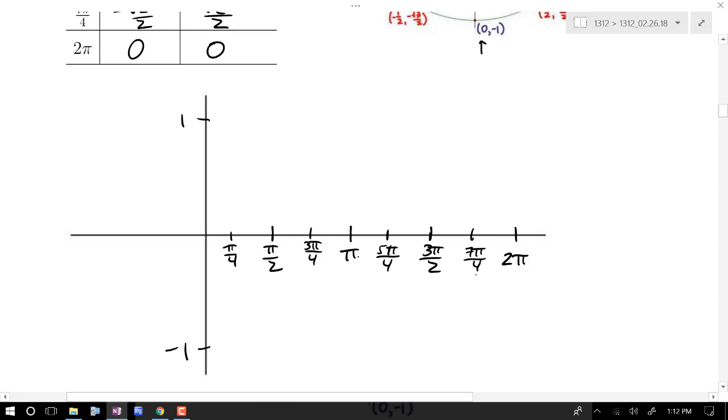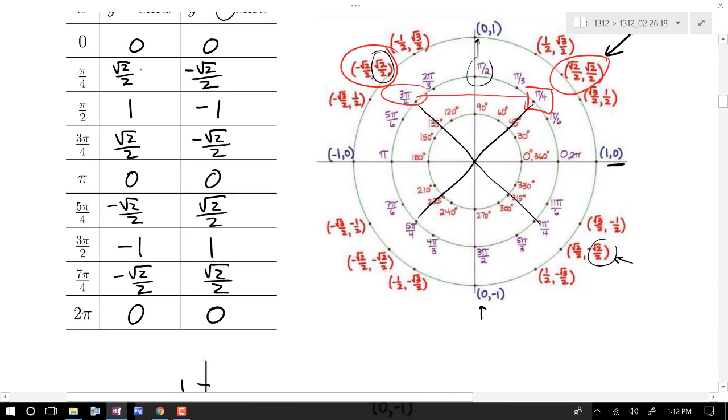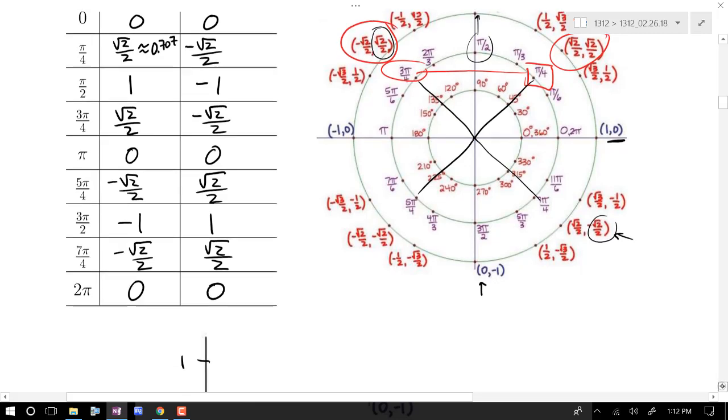And now I'm going to begin by plotting out the positive sine x. So at 0, sine is 0. I'm just really taking these values from the table. Since we're going to plot these, maybe we'll get an approximation. Root 2 over 2 should give us 0.707, and likewise negative 0.707 for those negative values.